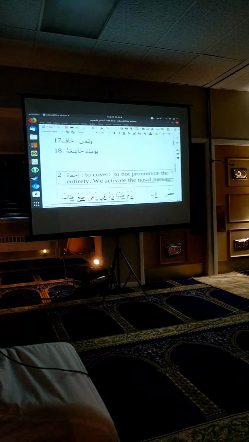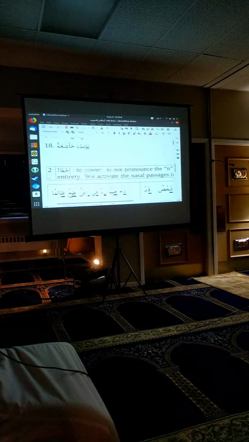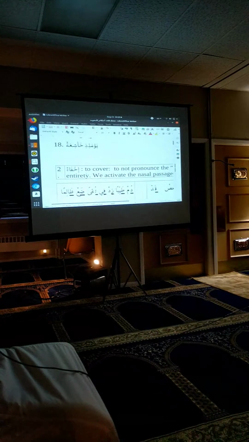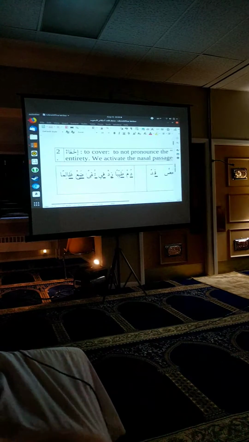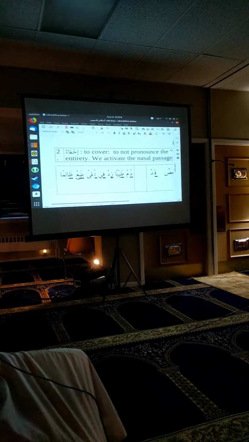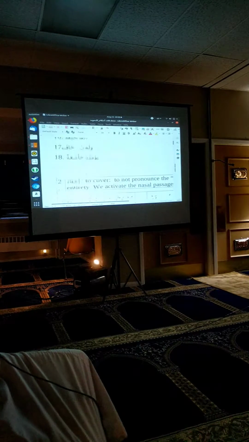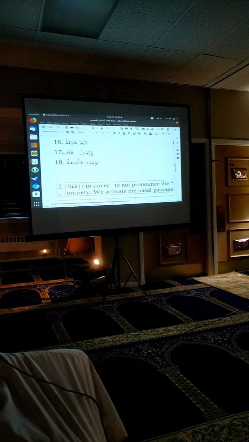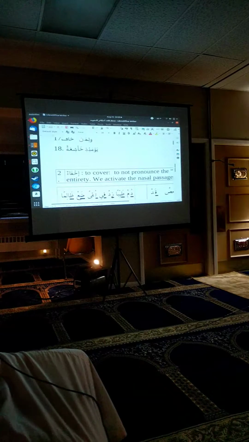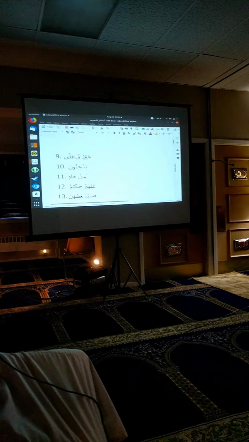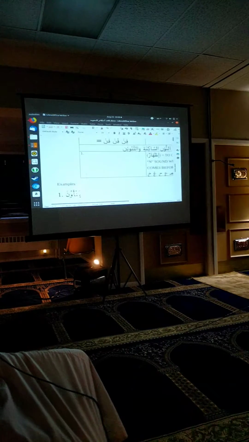Let's look at idhar real quick, which was the first thing we studied. And idhar is right there. And they're the 6 letters for idhar. Right, so the 6 letters for idhar, we said kha, ayn, ha, ghain, ha, ayn, ha, and hamza. Those are the 6 letters of idhar.